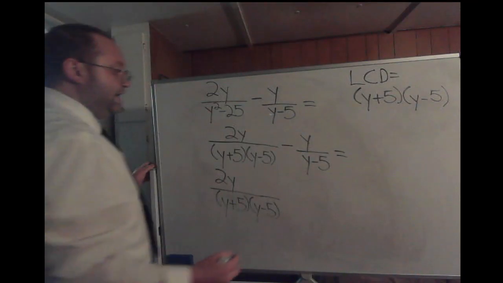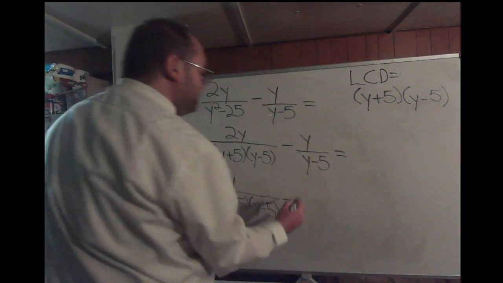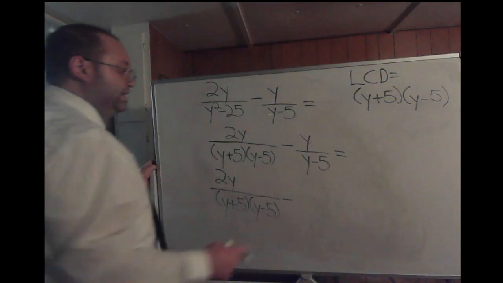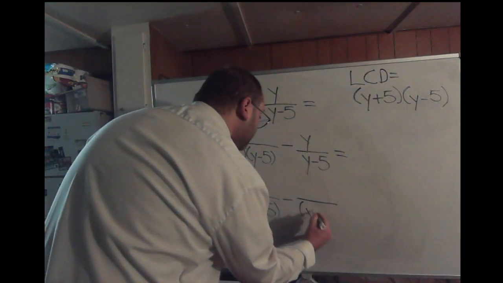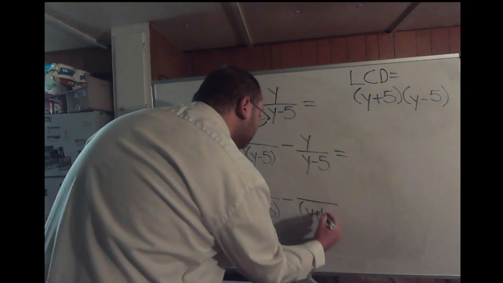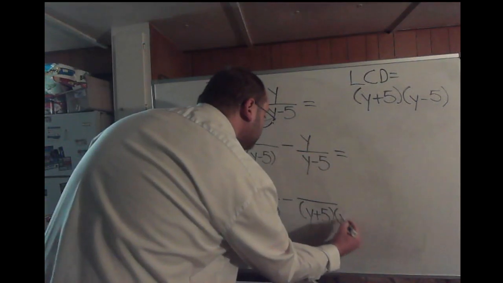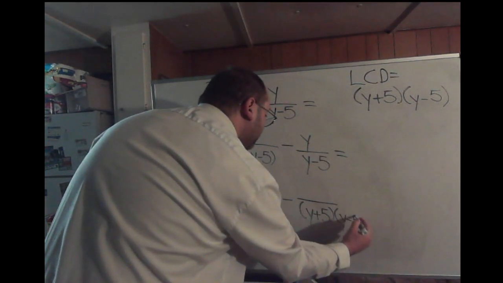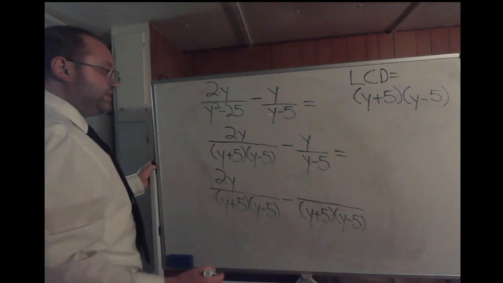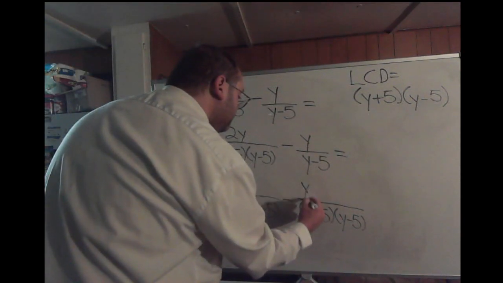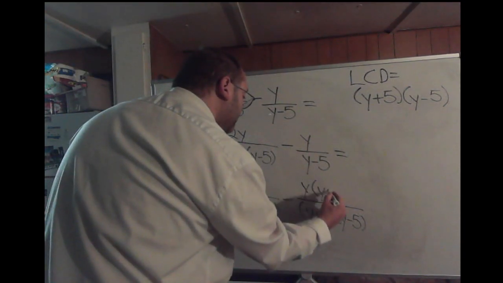Now, for the second term, that y minus 5, we need to multiply it by y plus 5. So we're going to go ahead and do just that. You'll have y plus 5 times y minus 5. So that means we need to take that y in the numerator, multiply that times y plus 5.